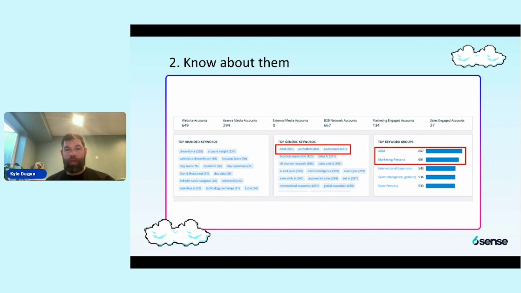AI is pretty frequent in there. Top keyword groups, ABM and marketing persona. So we know that these accounts are interested in ABM. They're interested in AI, right? We know that they're looking for these things. We can see that some of them have been hit by 6sense media ads, right? We've had website visitors. We've got a lot of different information here to use.